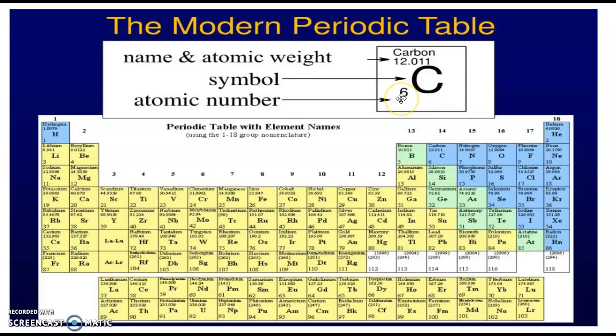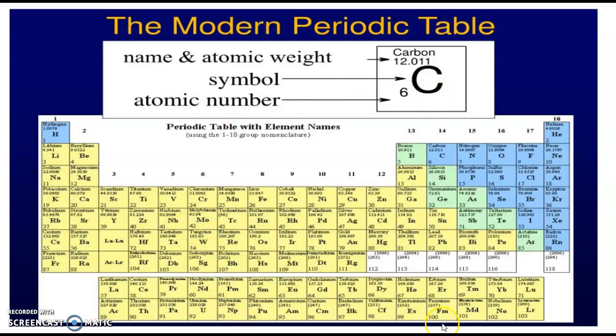In carbon, 6 is the atomic number, that is the number of protons present in the nucleus of carbon, and it is also equal to the number of electrons. And this 12.011 is the atomic weight, that is the total number of protons and neutrons present in the element. So this is the symbol which represents the element.